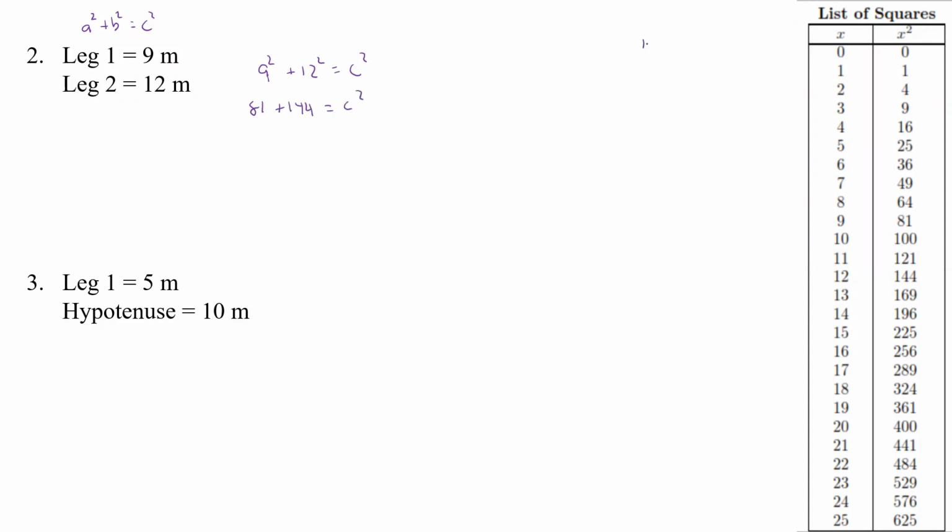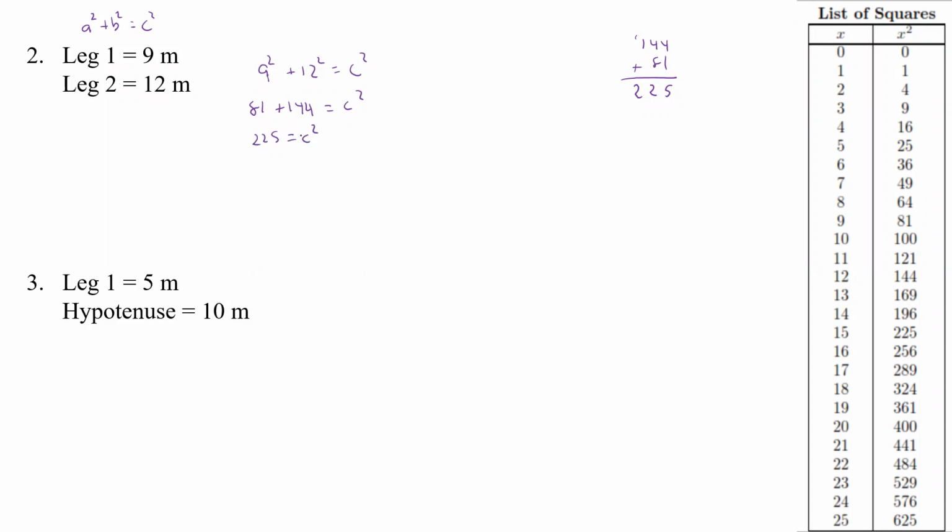Now, if you need to, you can write 144 plus 81, or if we have our calculator, we can do it with our calculator. Or I guess we don't have a calculator, never mind. But what we can do is 4 plus 1 is 5, then 8 plus 4 is 12, and then 1 plus 1 is 2. So 225 equals c squared.